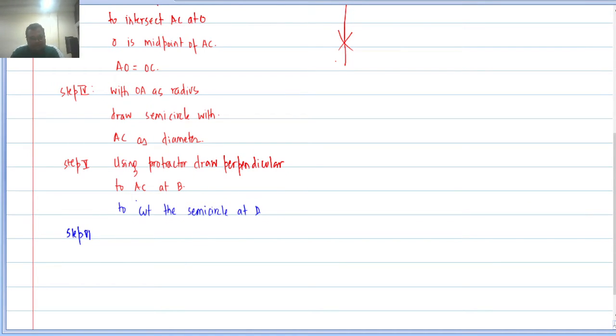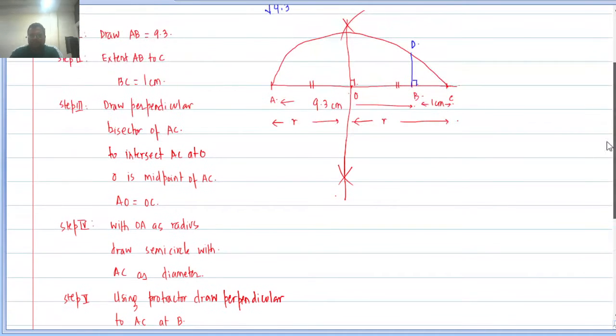You got the answer now. BD is the answer. So BD will be square root of 9.3. So if you want to plot BD, what you will do?